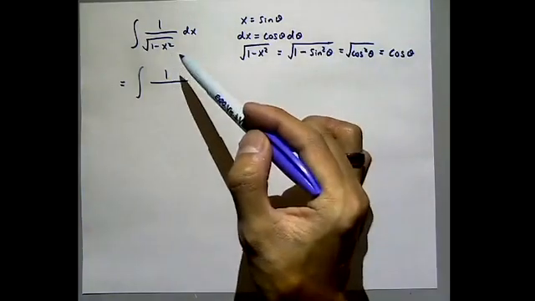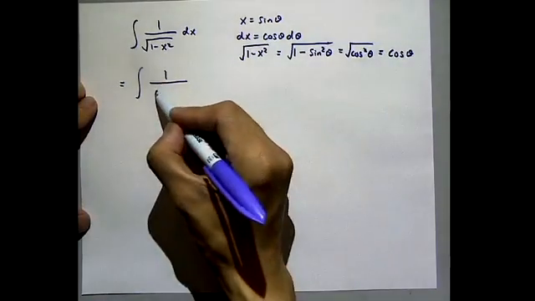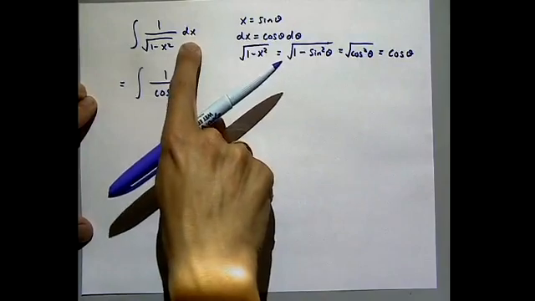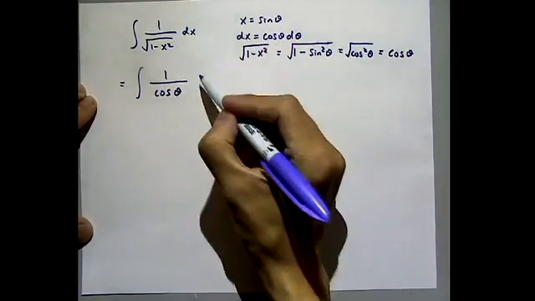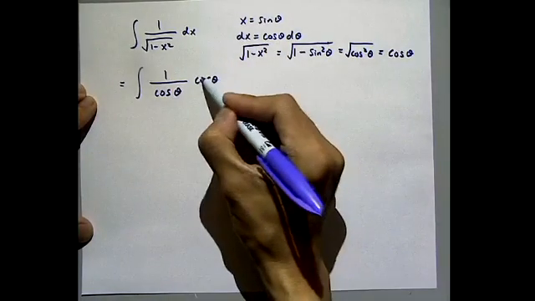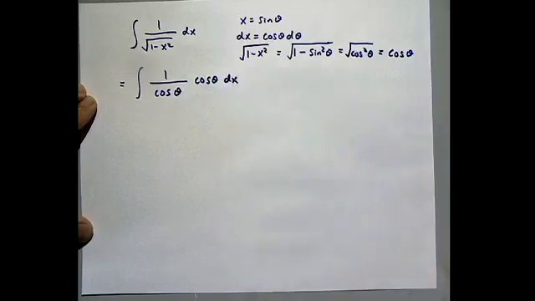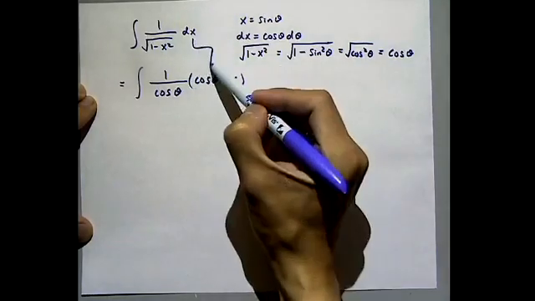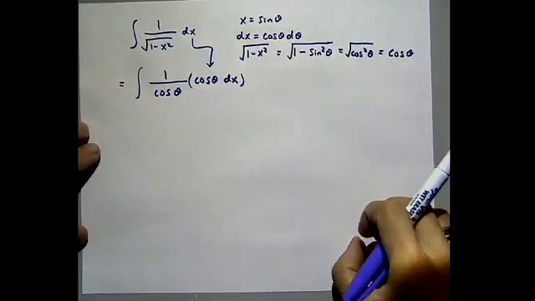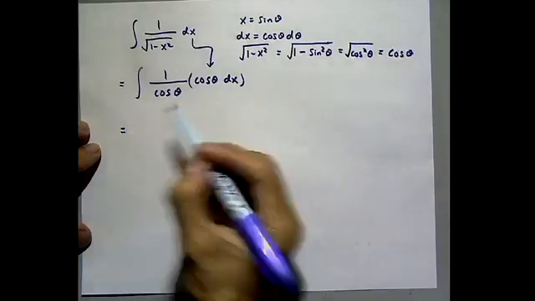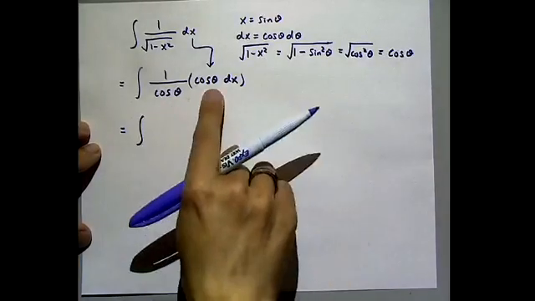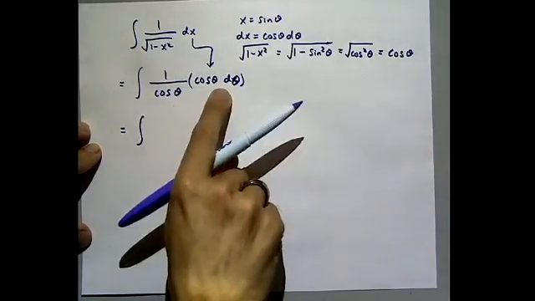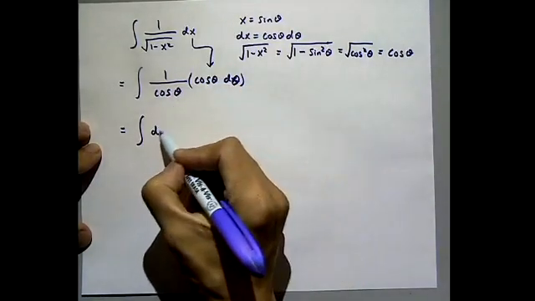So that stuff in the denominator now turns into cosine. And don't forget dx. That's a very important part of the whole thing here. Right? dx becomes cosine of theta d theta. So cosine theta, they cancel. We end up getting d theta.